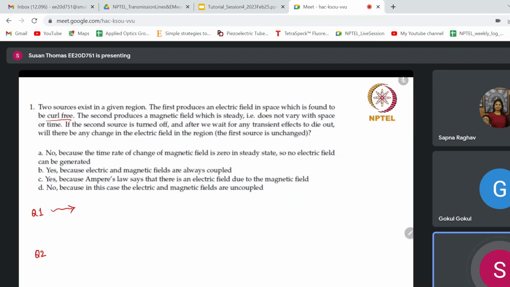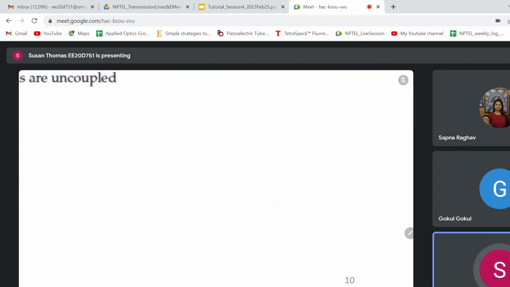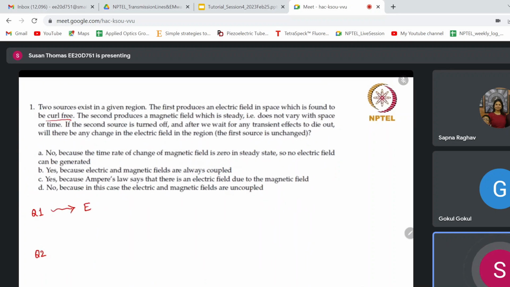So the first source will produce an electric field in space, and it is found to be curl free. What do you mean by curl free? What is curl? We call del cross as curl. So del cross E is 0.